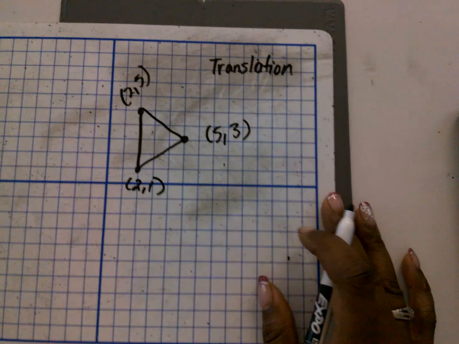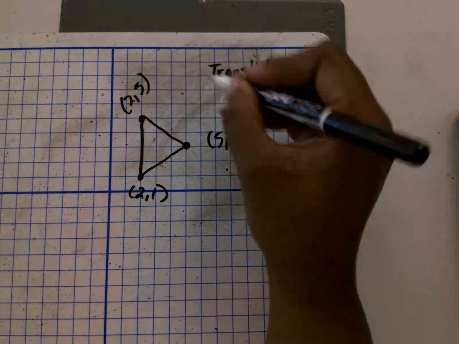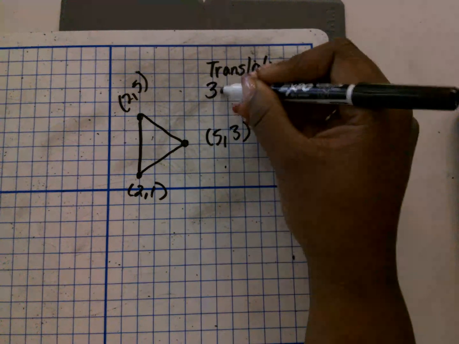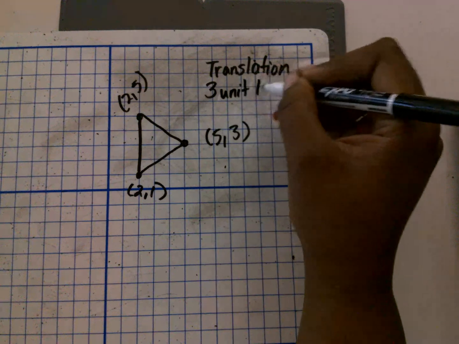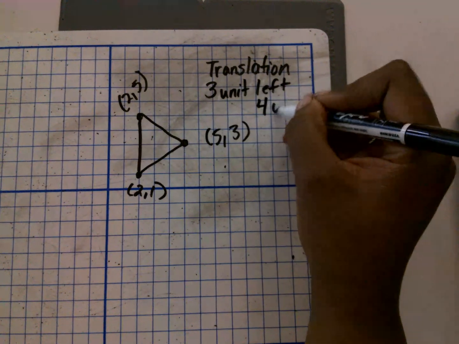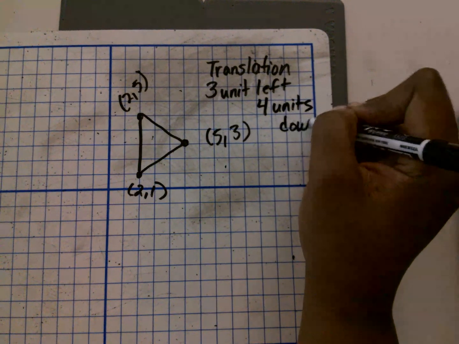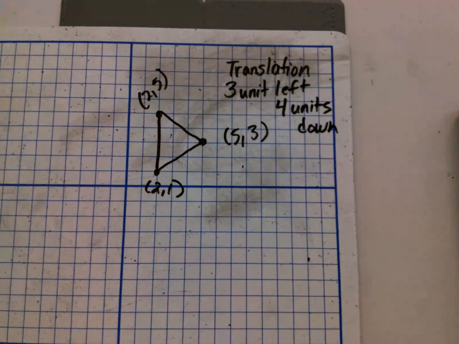Yes, baby. So our translation that we're going to do is 3 units left, and 4 units down. Okay, this is telling us how to slide.